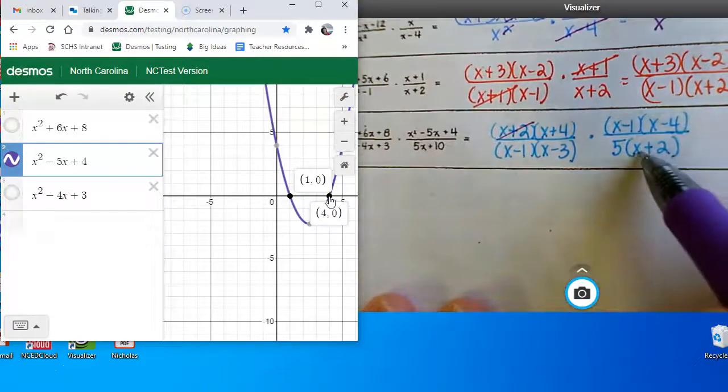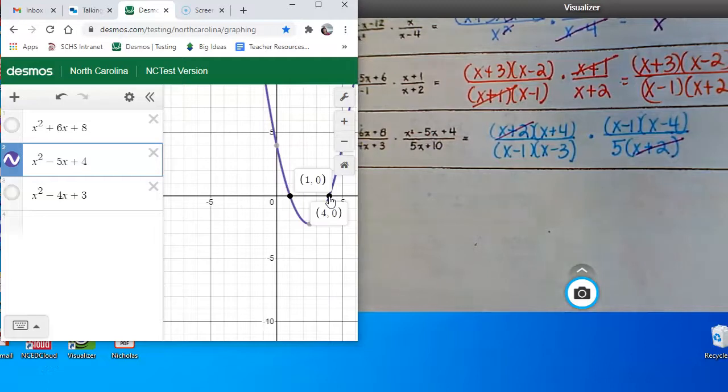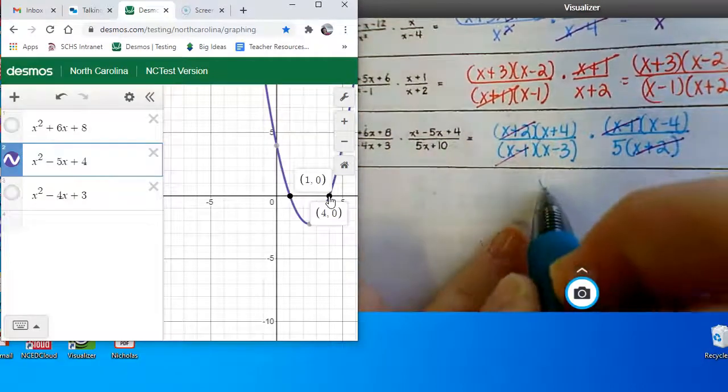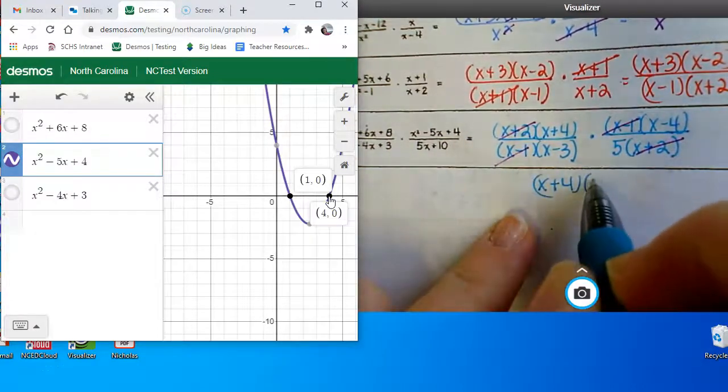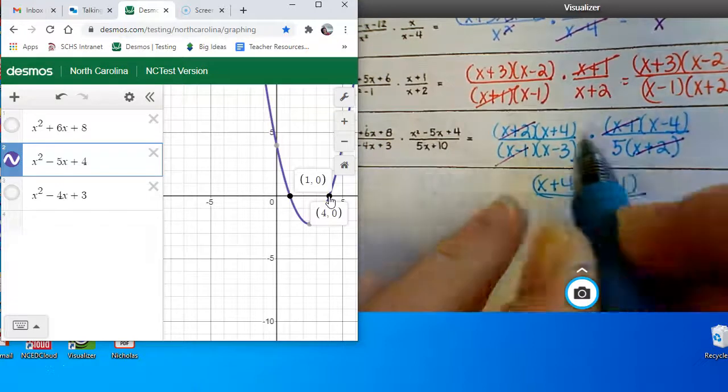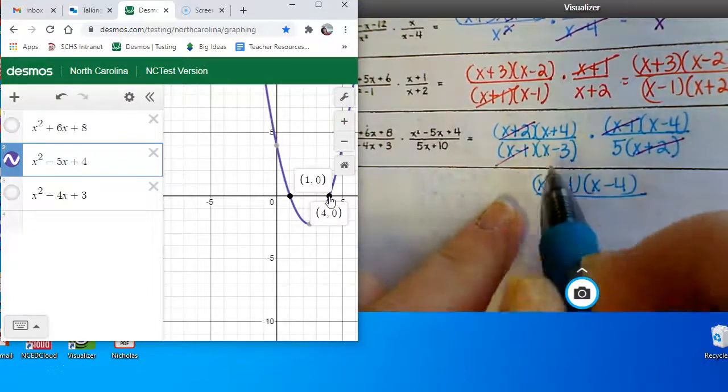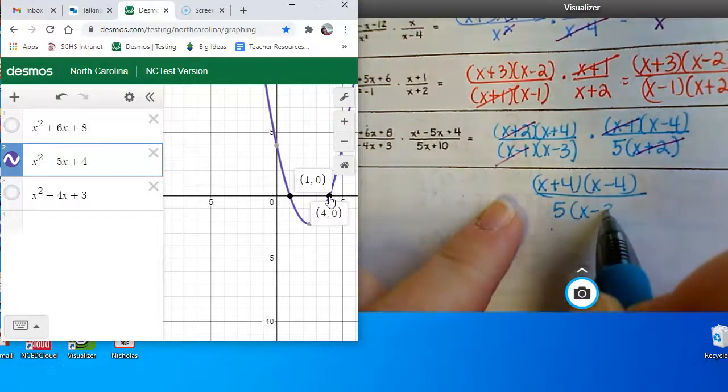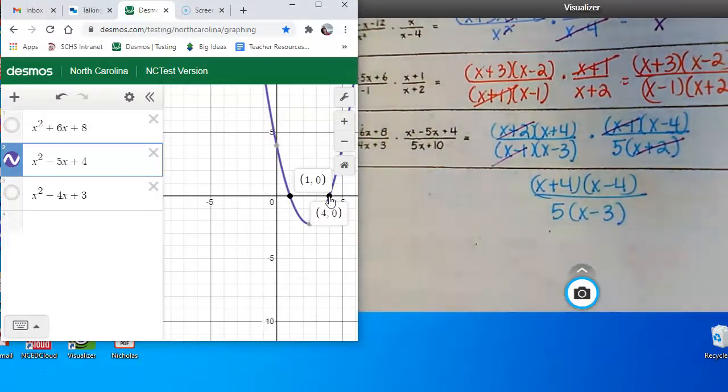I can get rid of these x plus 2s. I can get rid of these x minus 1s. And I think that's it. And so what that will leave me as an answer, it will leave me x plus 4 and x minus 4 on the top. And on the bottom, that leaves me 5 and x minus 3.